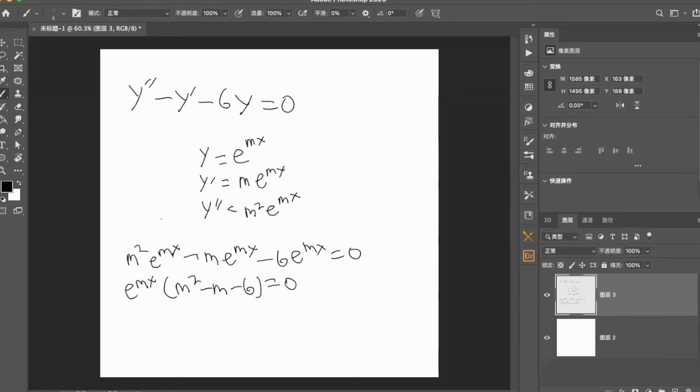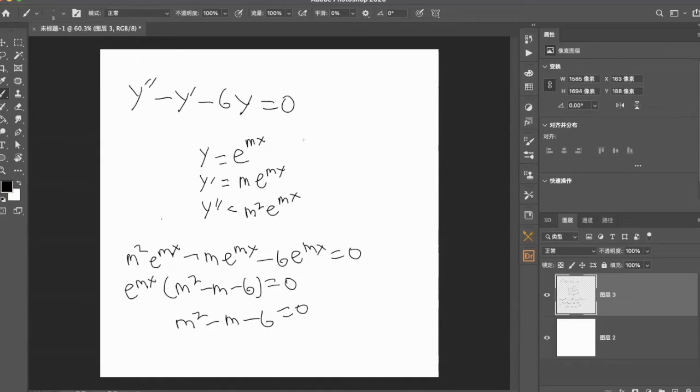What can you tell? There is no way e to the mx will become 0, but there will be two m values for m squared minus m minus 6 to be 0, right? And since it's converted from the original equation using algebra, we turned this really hard calculus question into algebra.